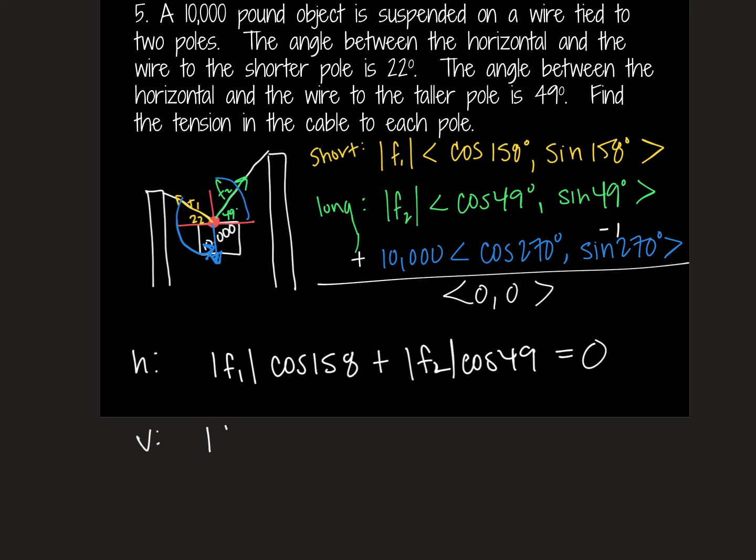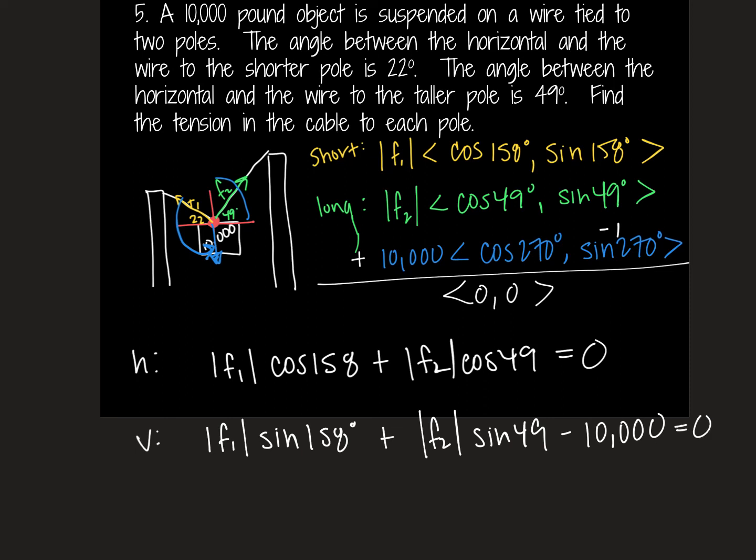So this is the magnitude of force 1 times sine of 158 plus magnitude of F2 times sine of 49 minus 10,000. Remember, that's just -1 times 10,000 for the sine of 270, equals 0.